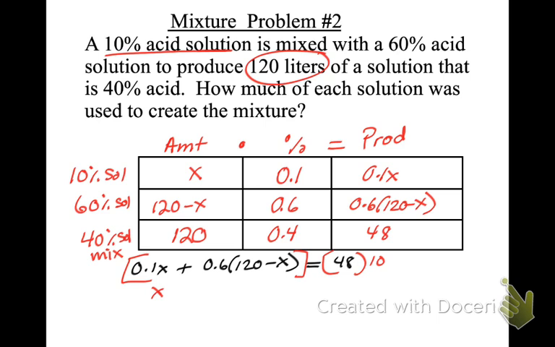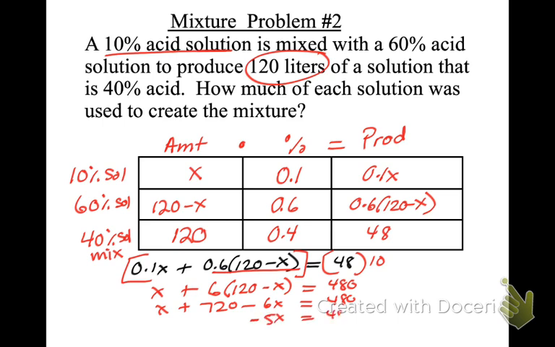So I get x plus, notice this is all one term. So I'm only multiplying the 6 and then that decimal gets multiplied in from the 6. Equals 480. 720 minus 6x equals 480. It's negative 5x equals 480.